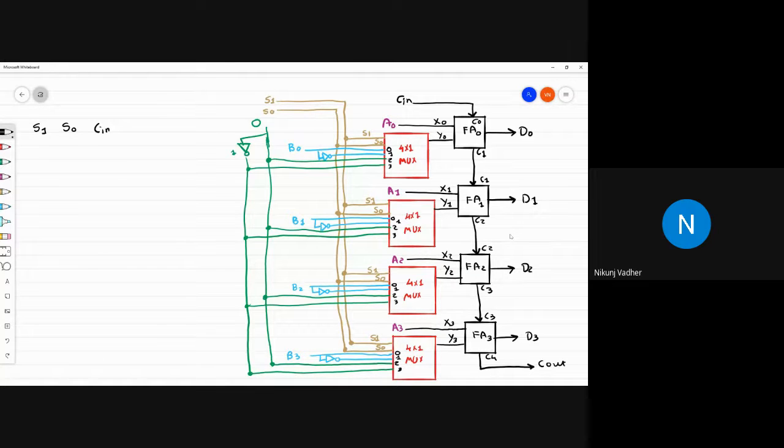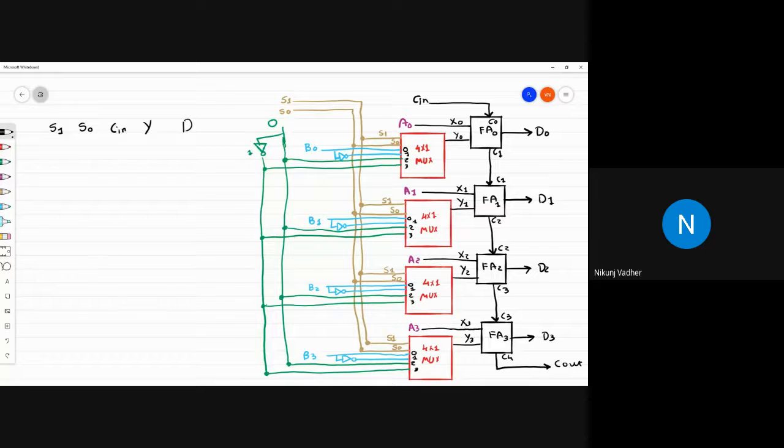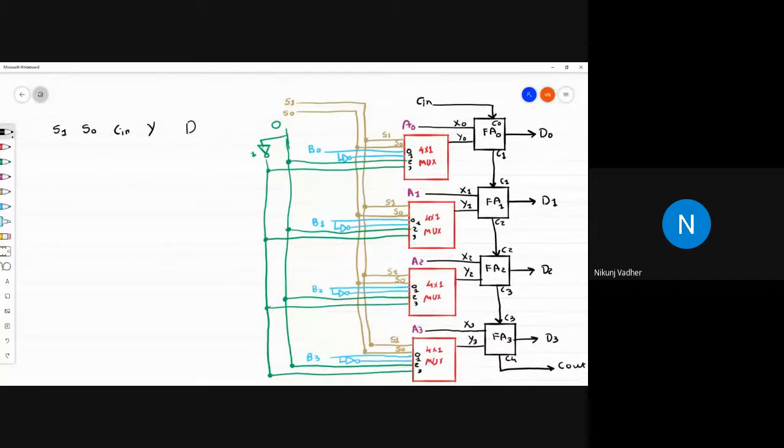That means register A. So we will be focusing on Y. Y means what input will be selected from this multiplexer. And then based on that, we will specify the D, which operation will be performed in D. So we will try to figure that out based on this.